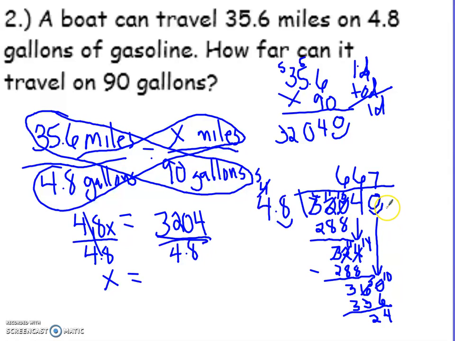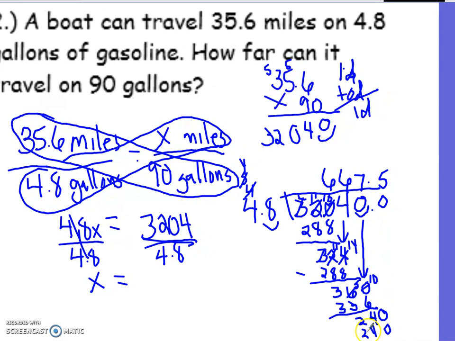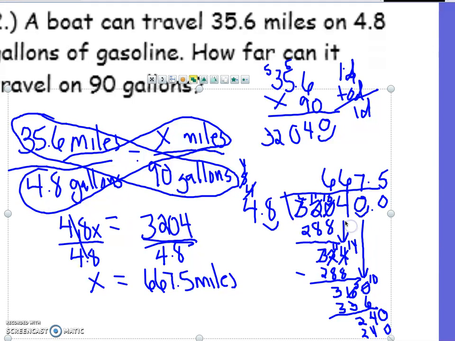Now, since we have a remainder, decimal, decimal, 0, 48 can go into 240 5 times. 5 times 8 is 40. 5 times 4 is 20, plus 4 is 24. So we have 667.5 miles. All right, let's take a look at number 3.